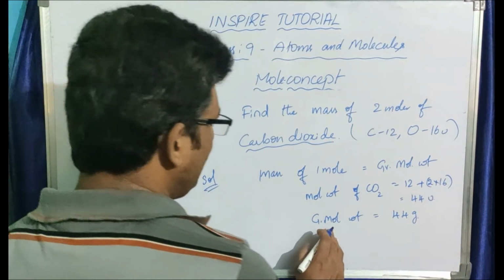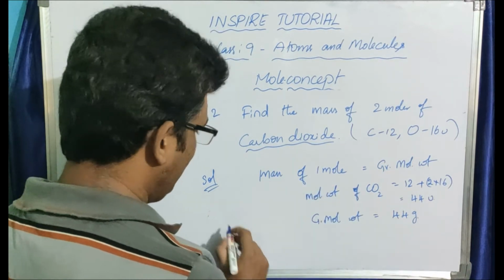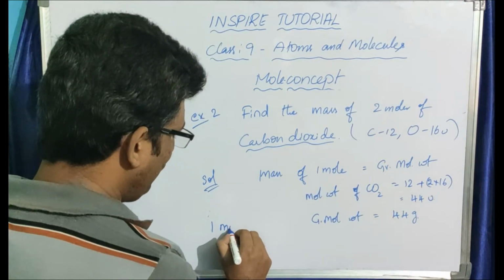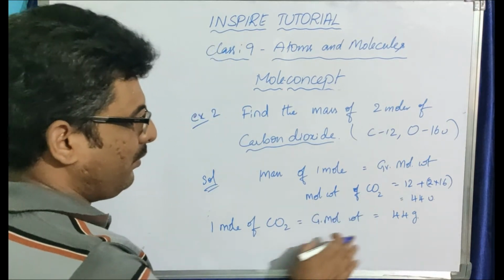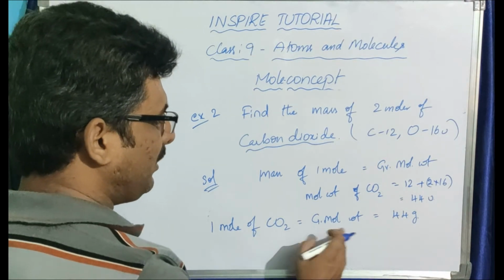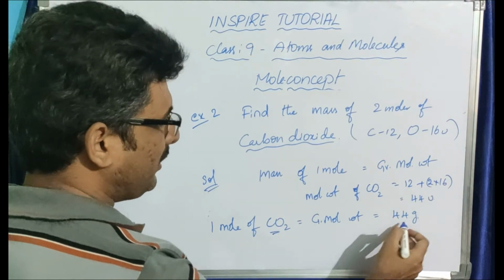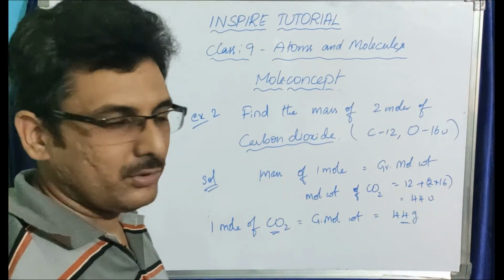Okay, so this is equal to 1 mole of carbon dioxide. So 1 mole of carbon dioxide will be 44 grams, because 1 mole of a substance equals its gram molecular weight. So for carbon dioxide it is 44 grams.